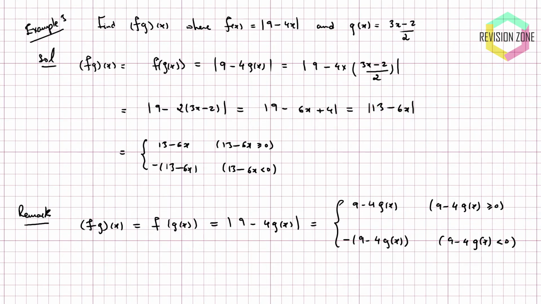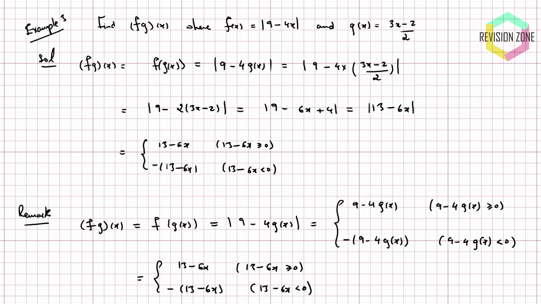All we've done is literally take this, substitute to get this, and then simplify. So this thing here is exactly the same as this thing in the bracket, and I can just say the piecewise description can be written as 13 minus 6x when 13 minus 6x is bigger than or equal to 0, and minus (13 minus 6x) when 13 minus 6x is strictly less than 0. So we end up with the exact same thing.